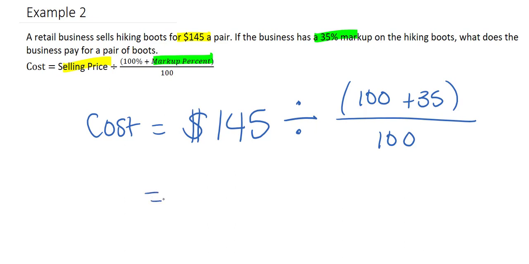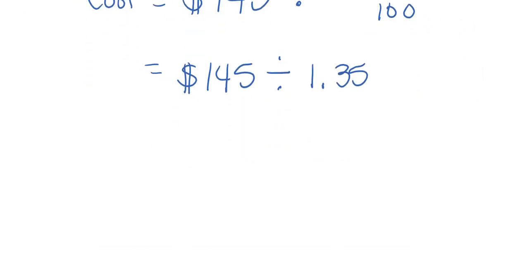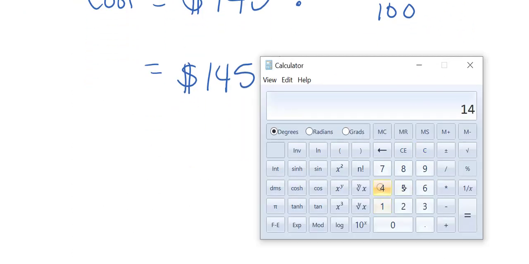So what do we get? Well, we get 145 divided by, 100 plus 35 is 135 divided by 100. We just move the decimal over twice, so we get 1.35. So let's get the calculators out. We have 145 divided by 1.35.